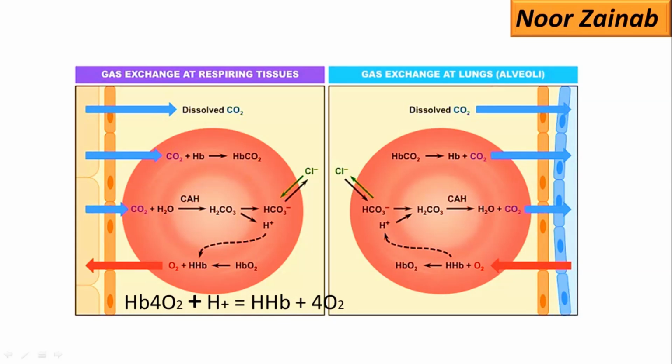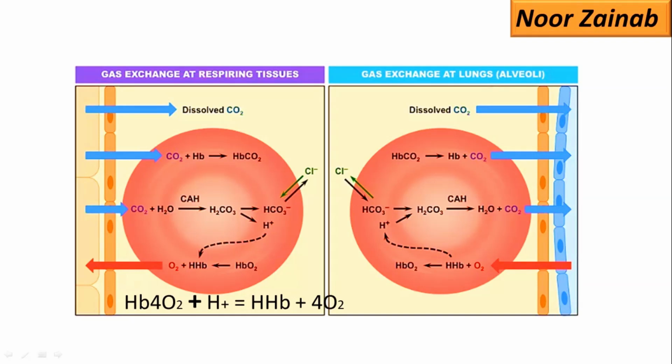And the exact opposite of this occurs at the lungs. Dissolved carbon dioxide is released into the alveoli, and the carboxyhemoglobin is broken down into hemoglobin, and hemoglobin remains in the red blood cell, whereas the carbon dioxide is released into the alveoli.